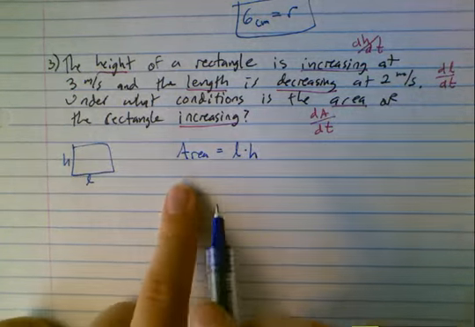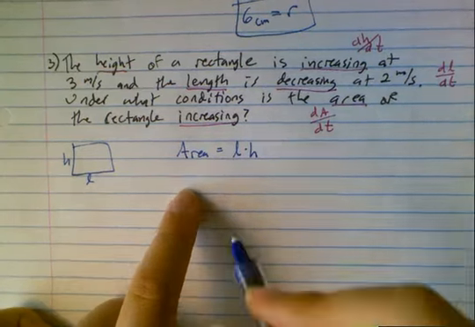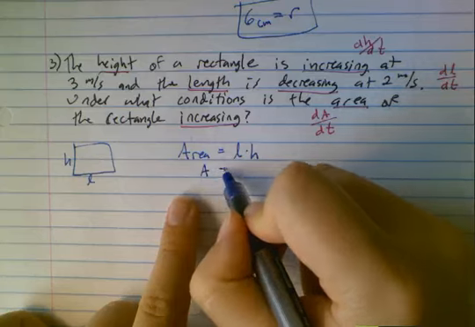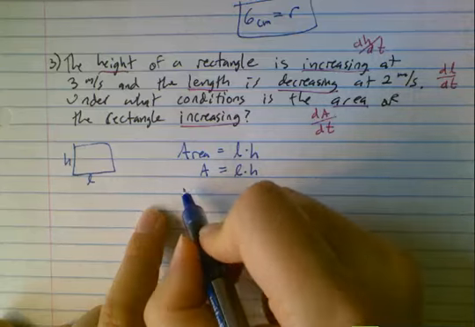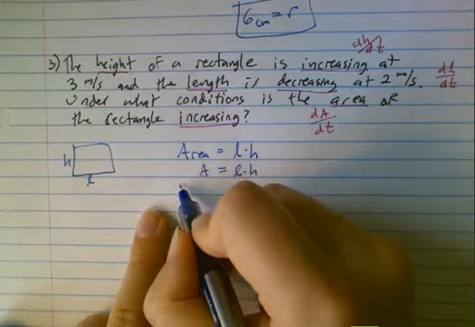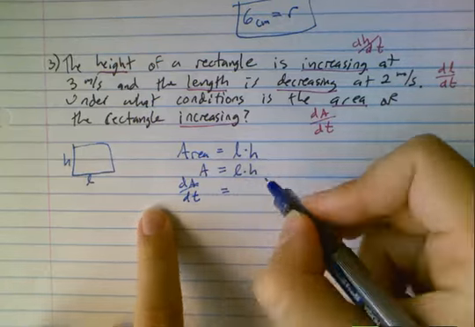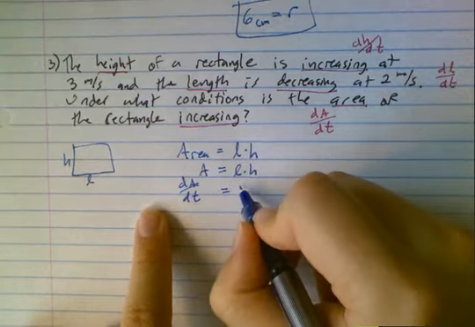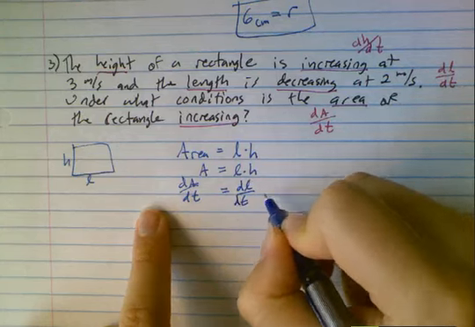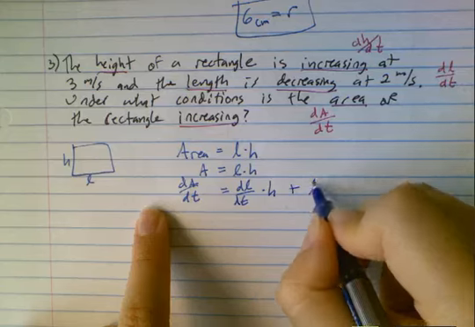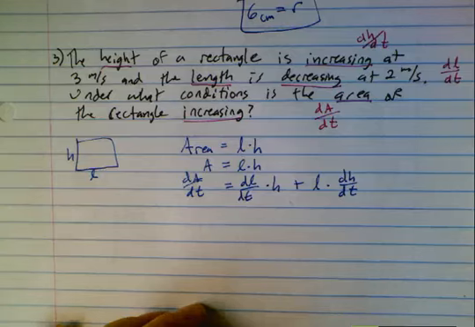And furthermore, we're going to deal with these rates, so let's do our derivatives. Notice this is a product rule, so that means derivative of L with respect to t times h plus L times derivative of h with respect to t, just like that.